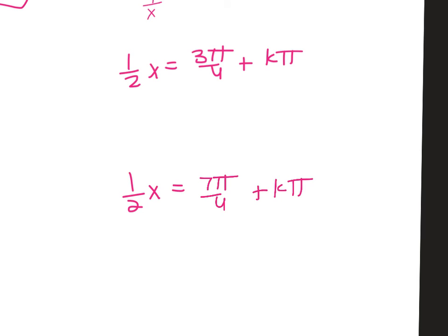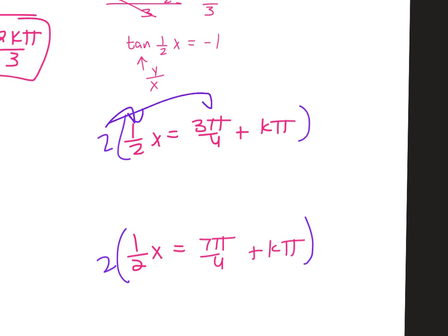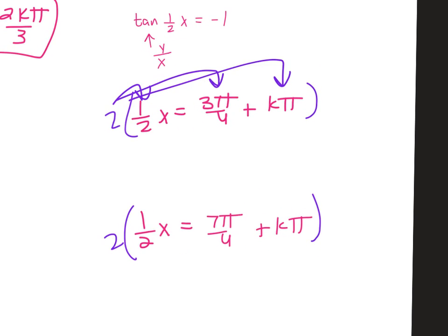Now, instead of my 1/2 in front, the opposite of multiplying by 1/2, or dividing, however you want to say it, we're going to multiply everything by 2. Easiest way to look at it. So distribute, distribute, distribute, and I get x equals 2 times 3 is 6, and then 6 over 4 could reduce to 3 pi over 2 plus 2k pi.